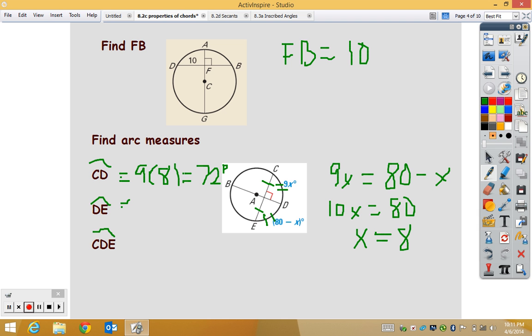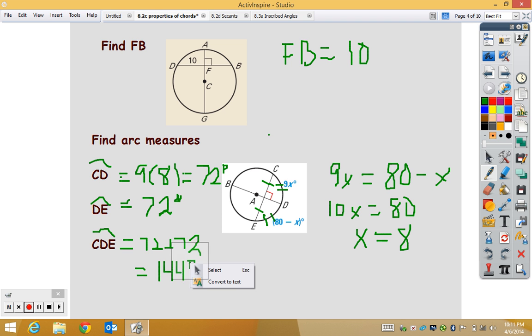DE, because we know it's congruent to CD, we can just say is 72 degrees. Otherwise, if you plug x in, 80 minus 8 is 72. Then arc CDE is made up of the two arcs, CD and DE, so the measure of arc CDE is the sum of the two arcs. So we take 72 plus 72, and that comes out to 144 degrees.